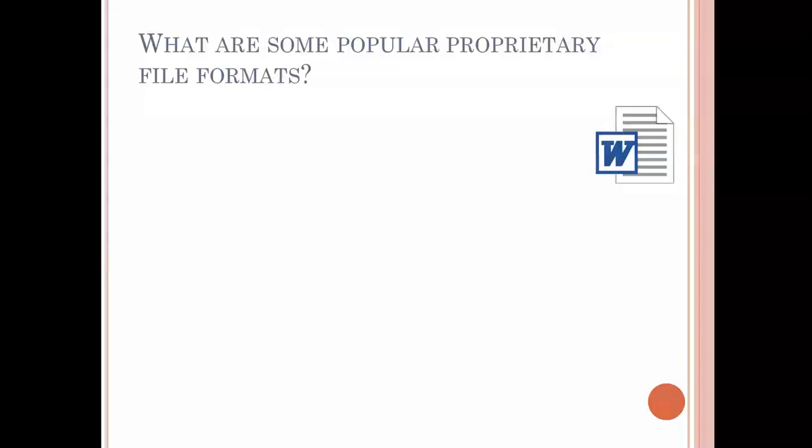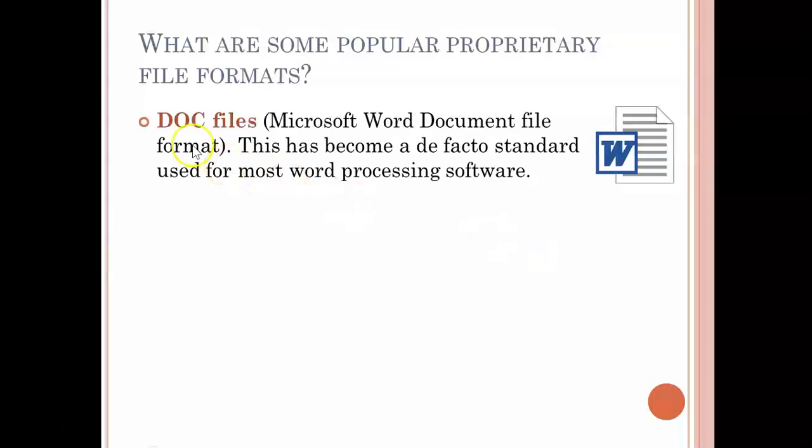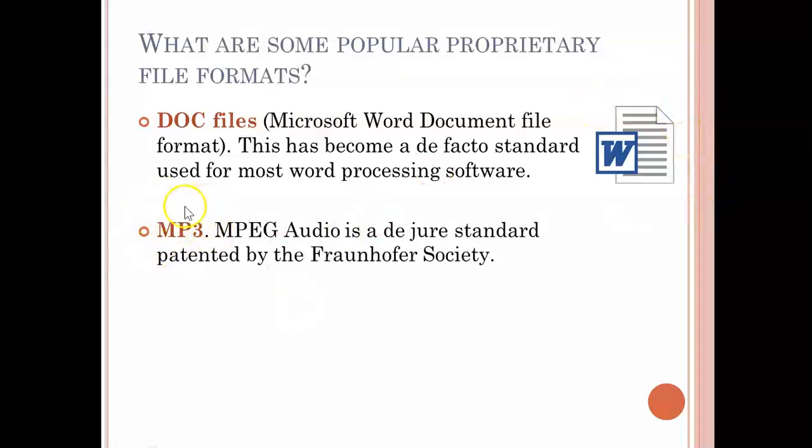What are some popular proprietary file formats? So you have doc files, so that's Microsoft Word. So pretty much everyone, I think, knows what a doc file is. And an MP3 file, that is just an audio file. So these are examples of proprietary file formats.